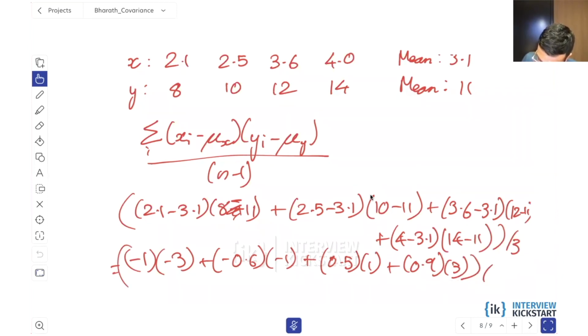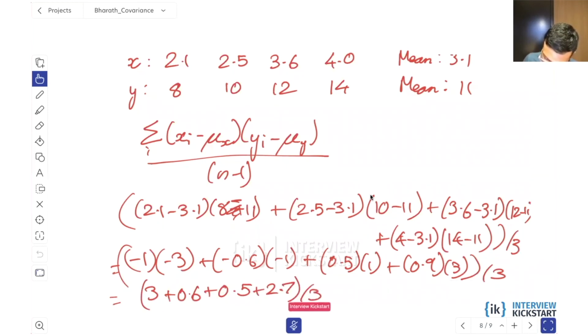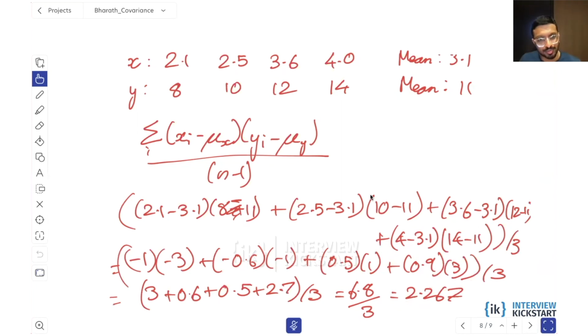So all of this divided by 3 is equal to 3 plus 0.6 plus 0.5 plus 2.7 divided by 3, which is 5.7 plus 0.6 is 6.3, plus 0.5 is 6.8, divided by 3, which is equal to 2.267. So, okay, yeah, turns out we were right.